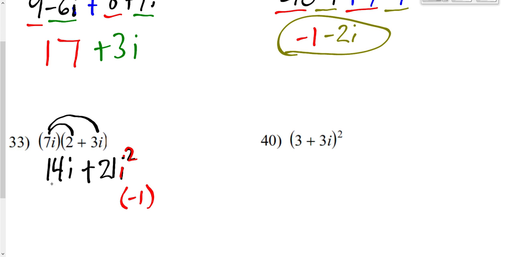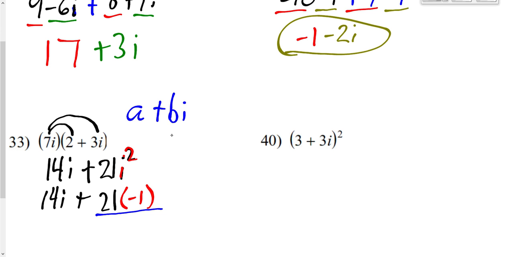And so we really have a 14i plus a 21 times negative 1. Well, typically it's written in this form here, a part that doesn't have i's followed by something that does have an i. So I'm going to take this negative 21 and put it here, and then I'm going to go ahead and write this, which is plus 14i.